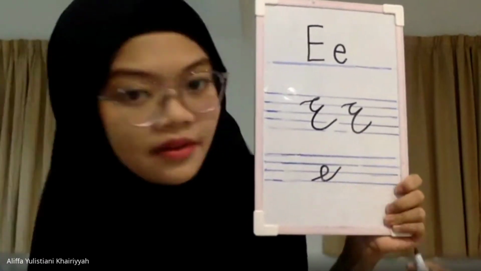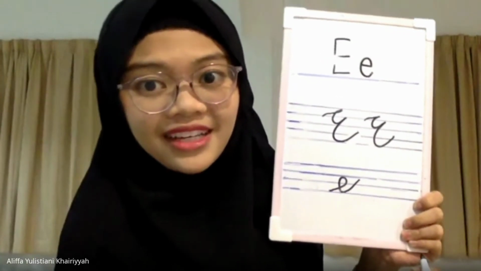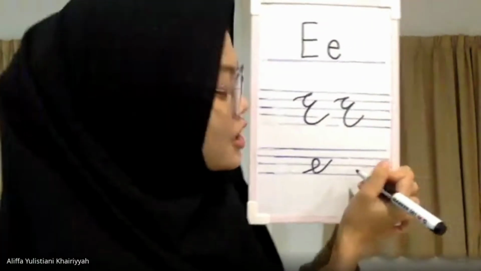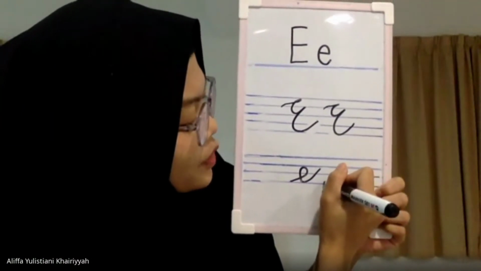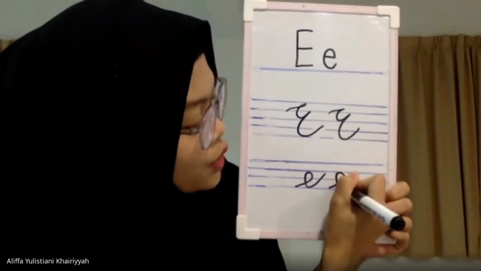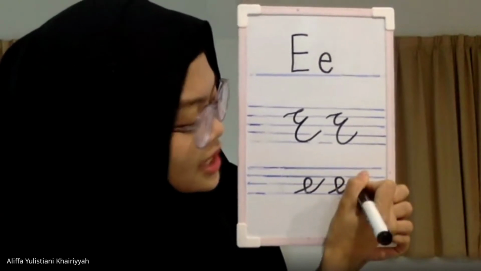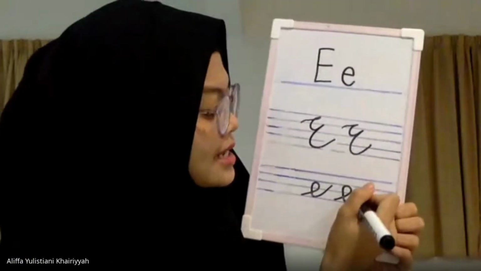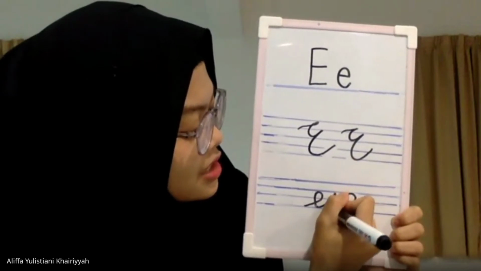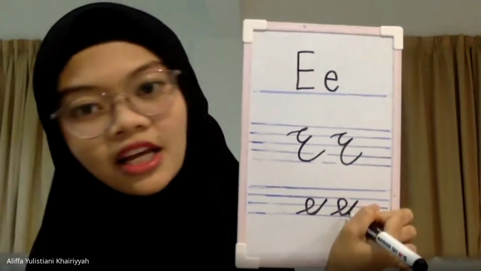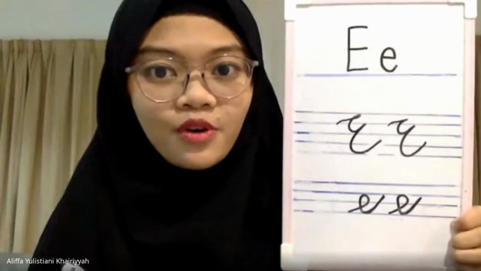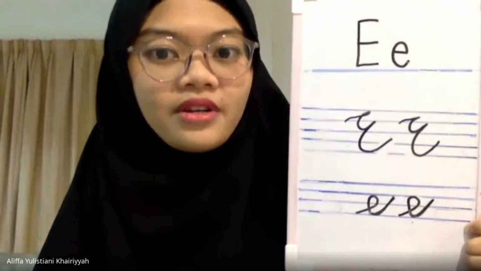Then 3. Very good, kids. Next. Let's try one more. 1, 2, oval, and 3, line. Very good. Same as others, this line is to connect to another letter.